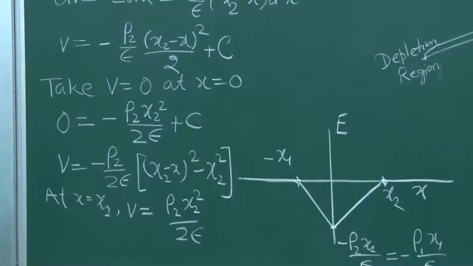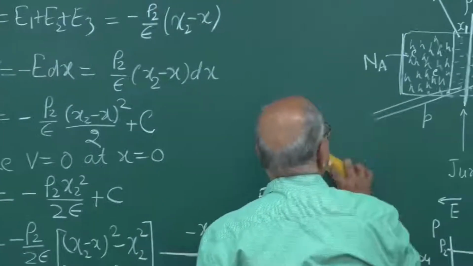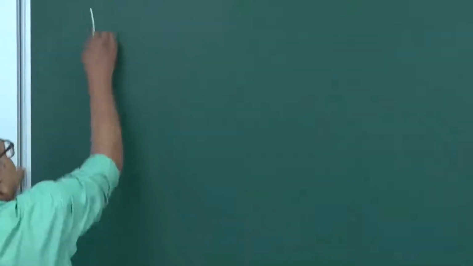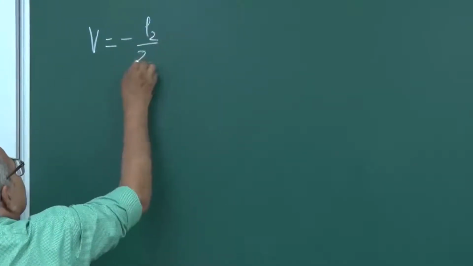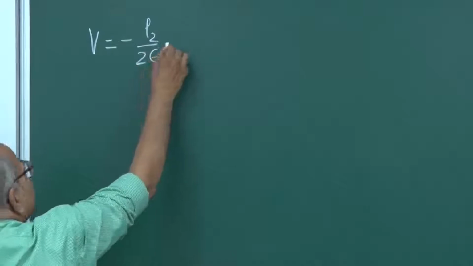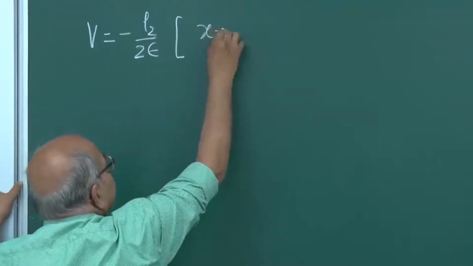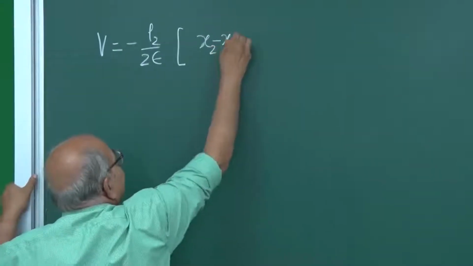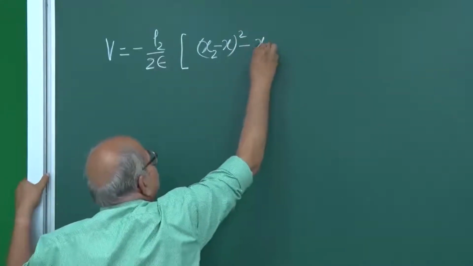So if you plot, how will it look? The expression was V equal to minus rho 2 over 2 epsilon times x2 minus x whole square minus x2 square.